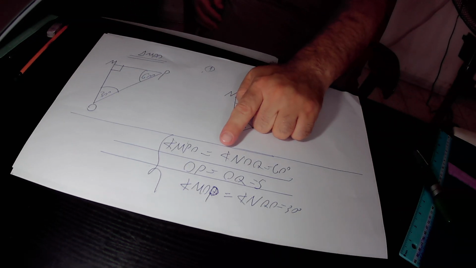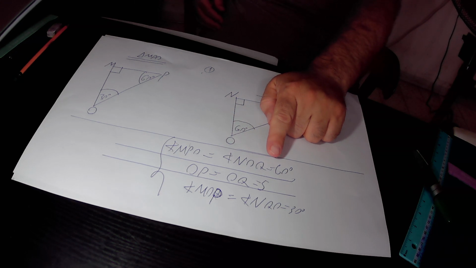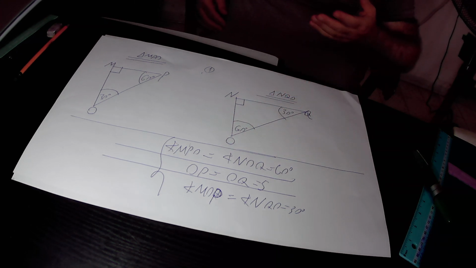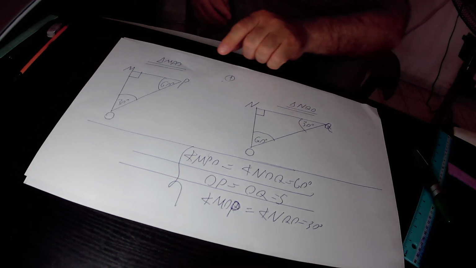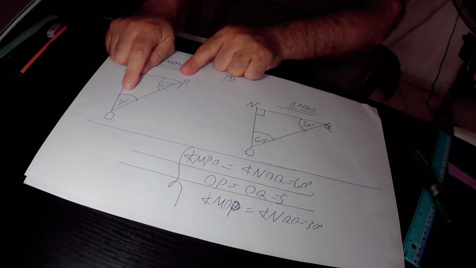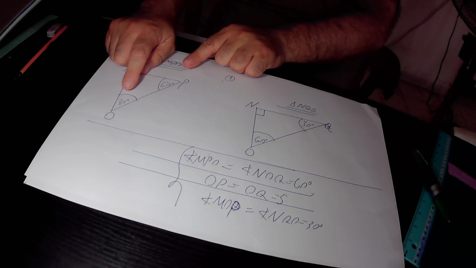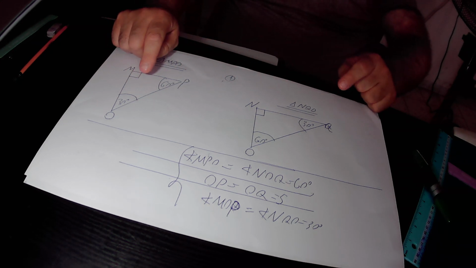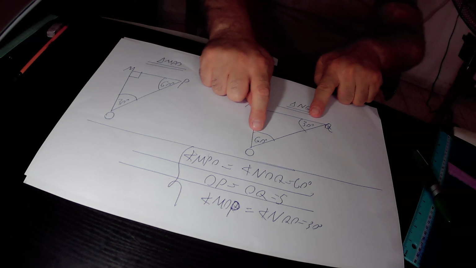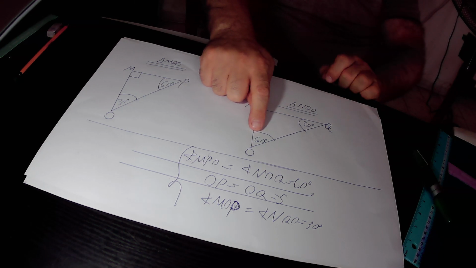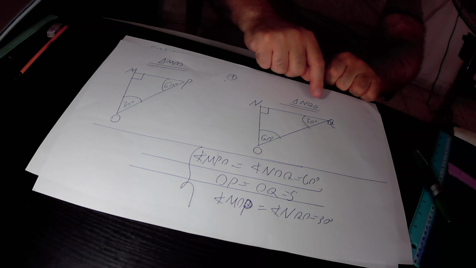Again, OP equals OQ equals 5. So actually I proved that those two angles and the side included between those two angles, that is side OP, are correspondingly equal to those two angles and the side included between those two angles, that is side OQ, in the right triangle NQO.